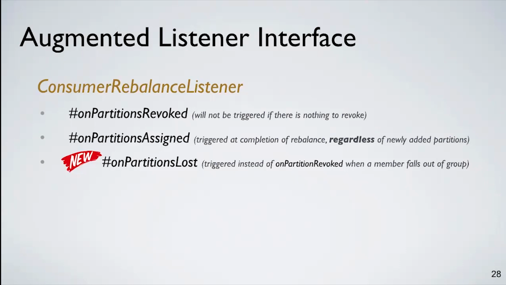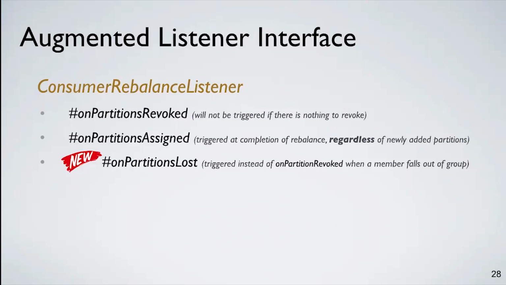But with the cooperative protocol, on partitions revoked will be invoked at the end of the rebalance and only on what actually needs to be revoked. And furthermore, it will not be invoked at all if there's nothing to revoke. Then on partitions assigned, similarly, is invoked at the end only on the partitions that are newly assigned. But unlike on partitions revoked, this will always be invoked, just as a way to indicate that a rebalance has completed.